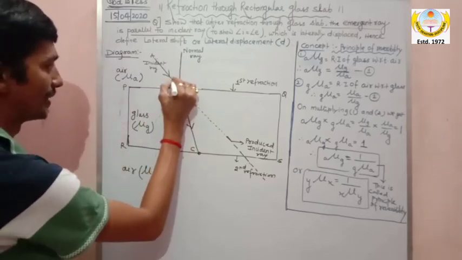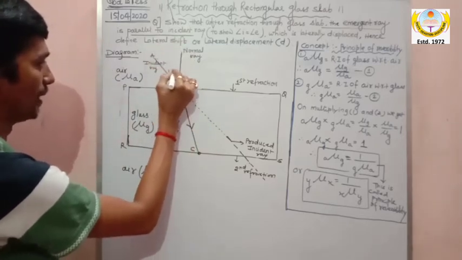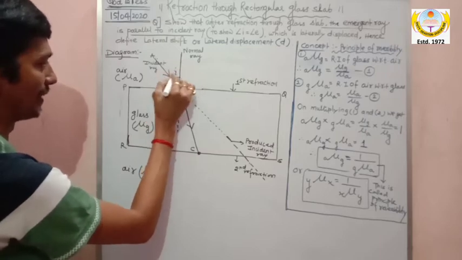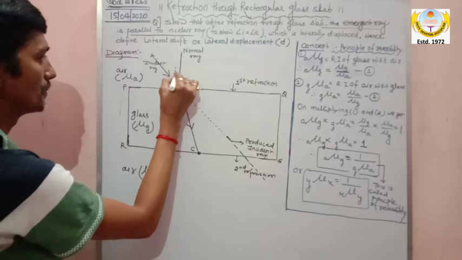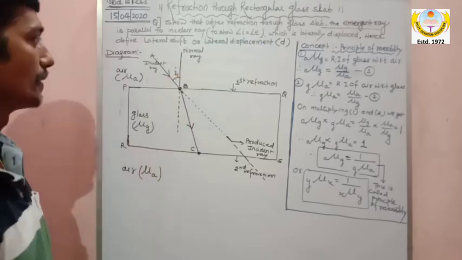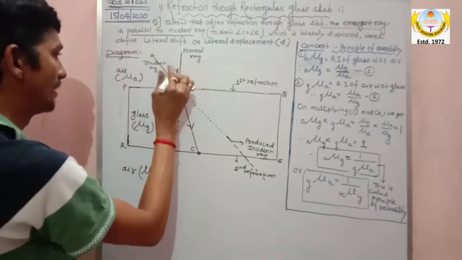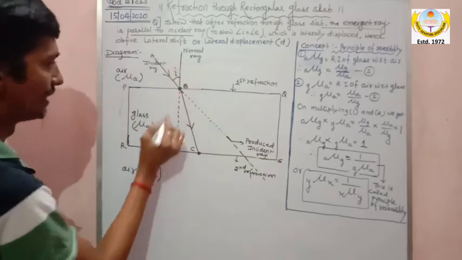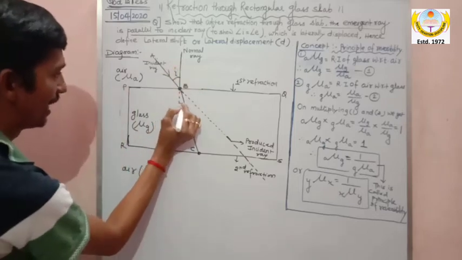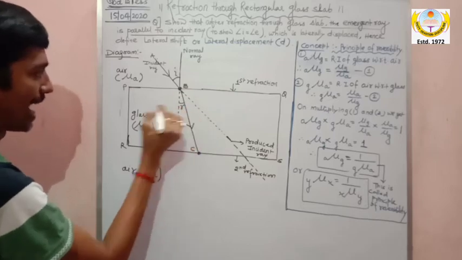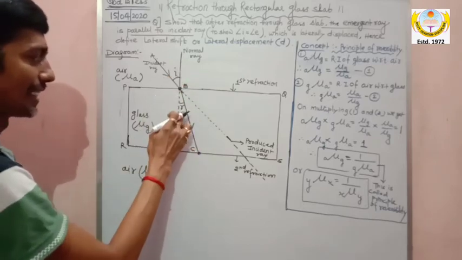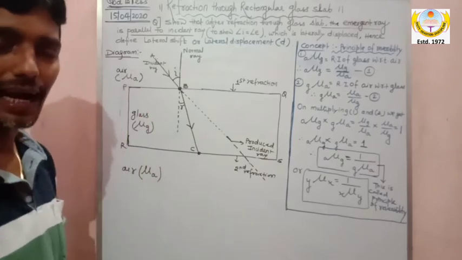And here my dear, this is the incident ray, here it is the normal. Let this incident angle be written as I1, or I will write this as I. And this is my refracted ray. This is the normal, this is the refracted ray, this is the normal, this is angle R. So this is angle I, this is angle R. I hope it is clear.